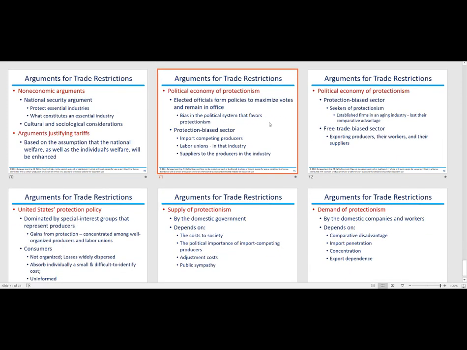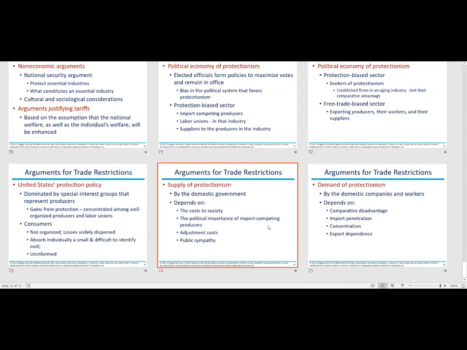Another severe force behind protectionism is the political economy, meaning the perceived gains for politicians in advocating these policies in terms of votes. So politicians tend to advocate for protectionist policies that bring them a lot of votes, not necessarily those that improve the welfare of the nation.